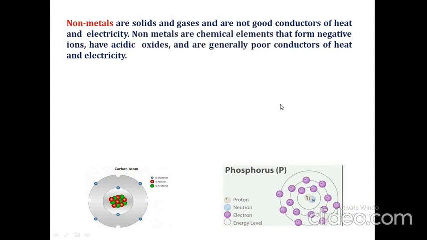Now the second category of elements, that is non-metals. Non-metals may be solid, liquid or gaseous and are not good conductors of heat and electricity.